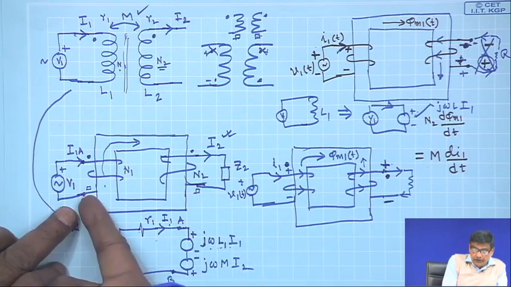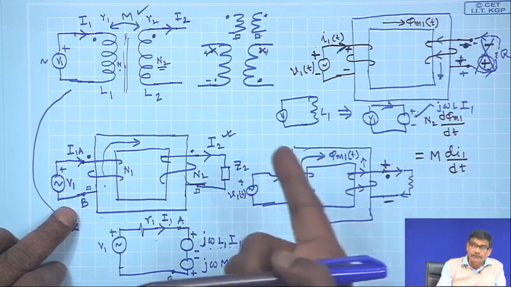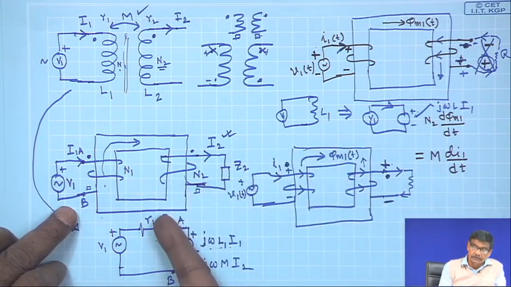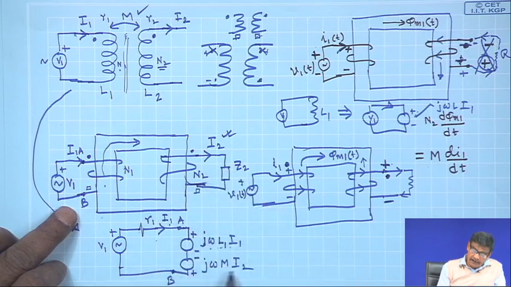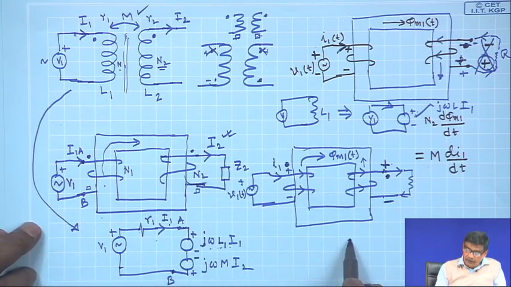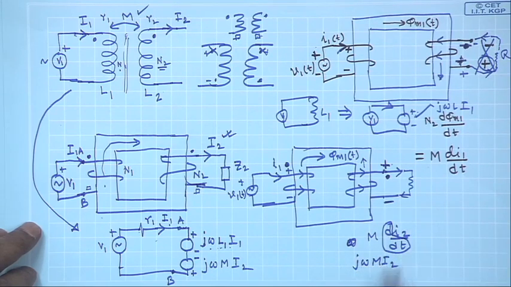Therefore, the first coil must be having some induced voltage, that is j omega M di 2 by dt, and so j omega M. So, M di 2 by dt, you know by this time if you replace this d by dt by j omega, you get the phasor. These things you must be knowing. So, that is why j omega M I 2.